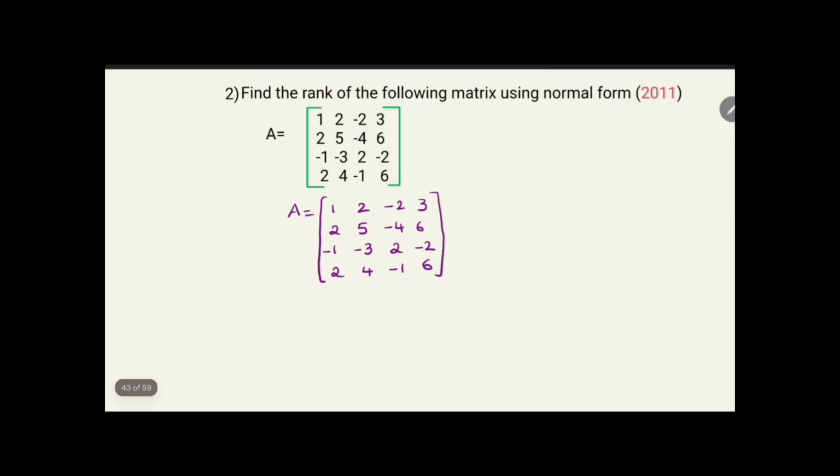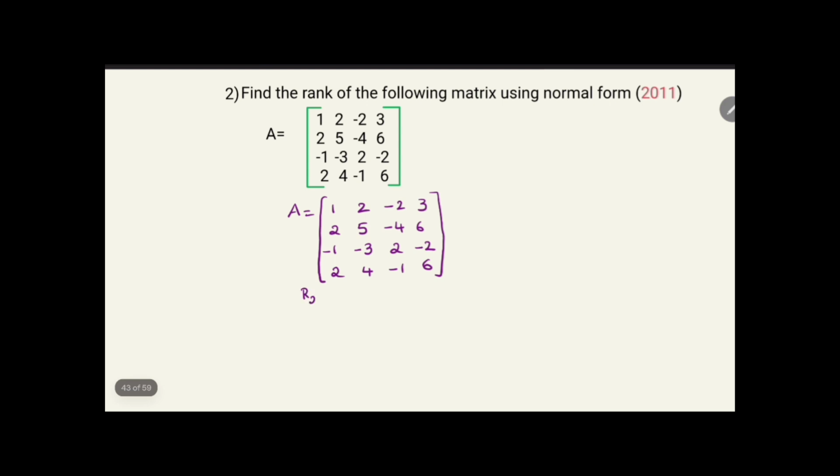Okay, so let's start the steps here. The first element is already 1, so there is no need for swapping. Now I have to make all these 3 elements 0. For that I have to make use of the first row. So what are the operations here?